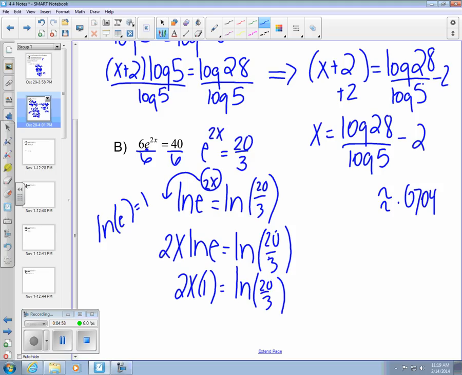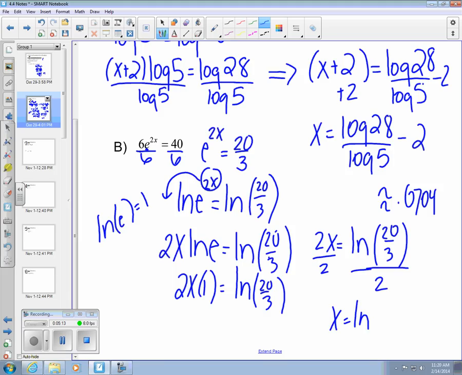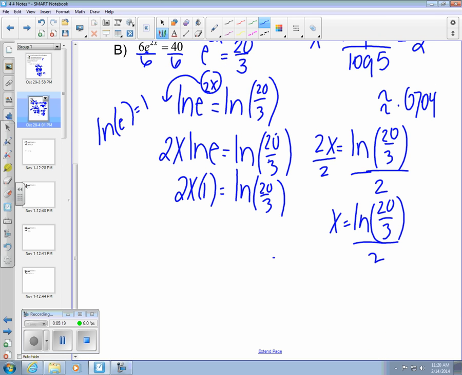So 2x is equal to the natural log of 20 over 3. We want that x alone, so we'll divide by 2. So x is equal to the natural log of 20 over 3, all divided by 2. If you plug this into your calculator, you're going to get around the answer of 0.9486.